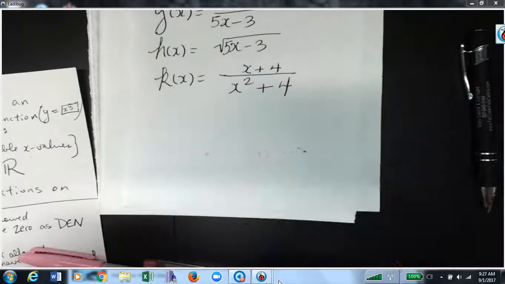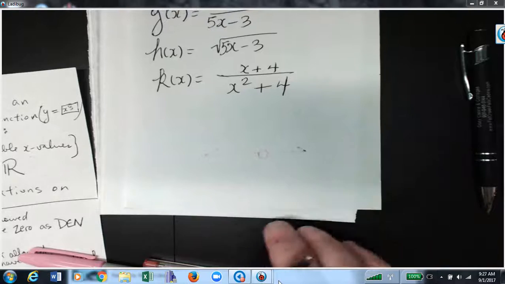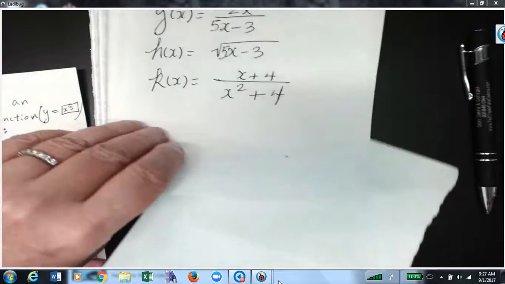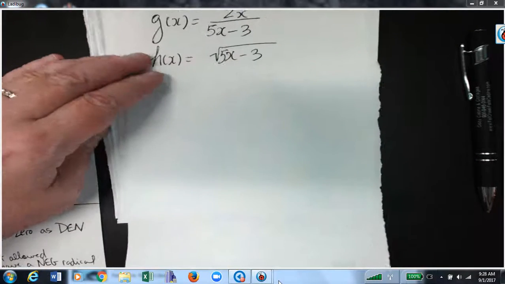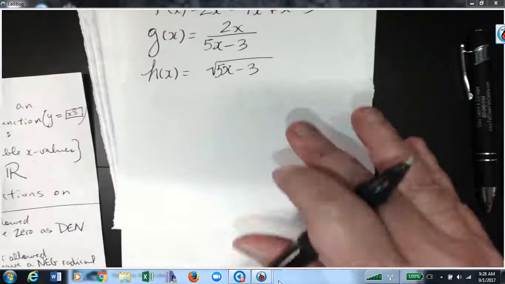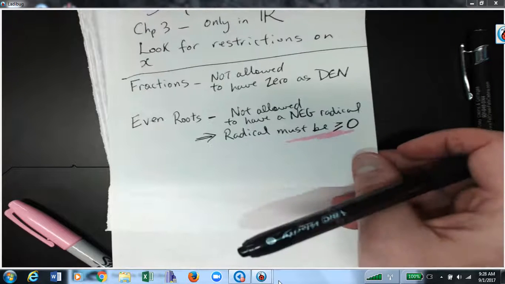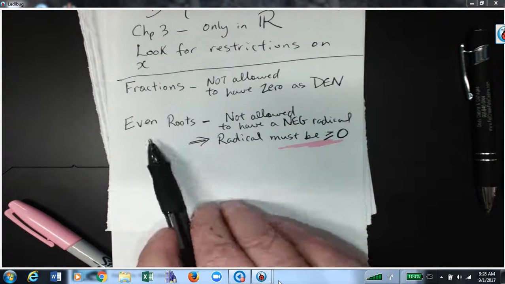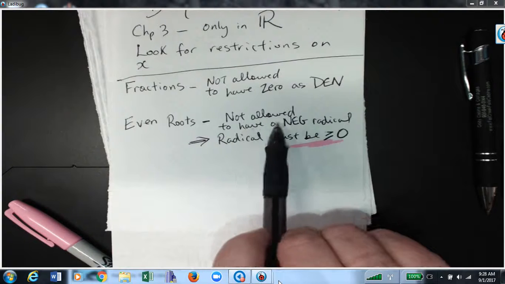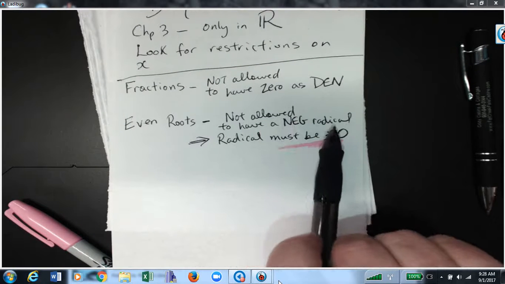All right, so let's see why. Okay. So first of all, is everyone agreed that we have an even root here? That's a square root. And so what is the restriction on an even root? You're not allowed to have a negative radical.